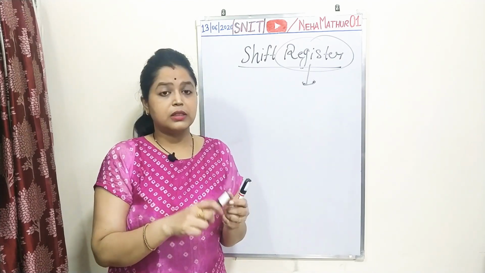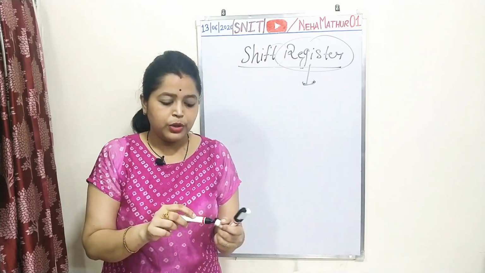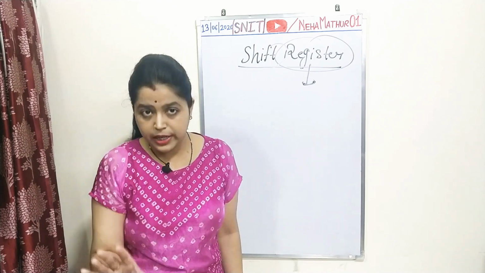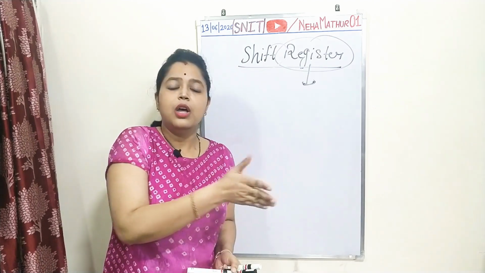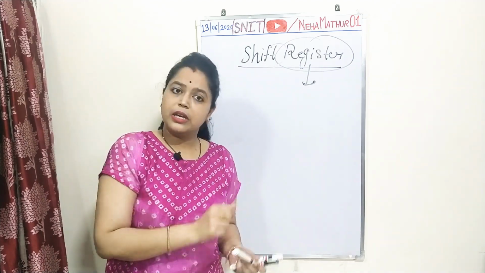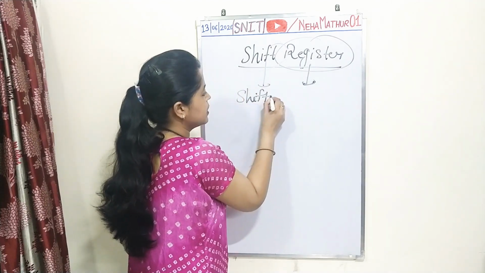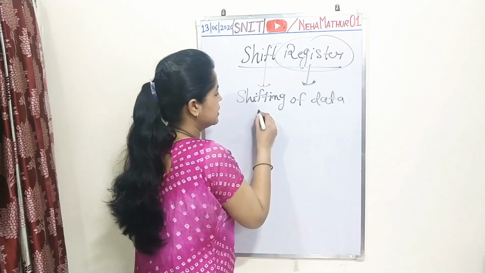Now the important consideration with shift register, as I told you about the application of register, is that a register is able to store the data, but a shift register provides shifting of data from one direction to another. Shifting of data with storage.